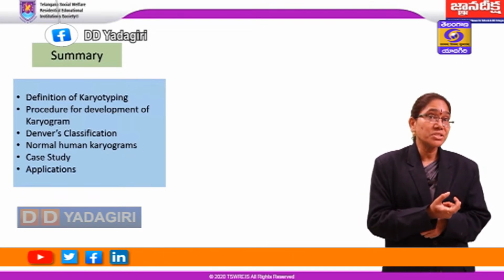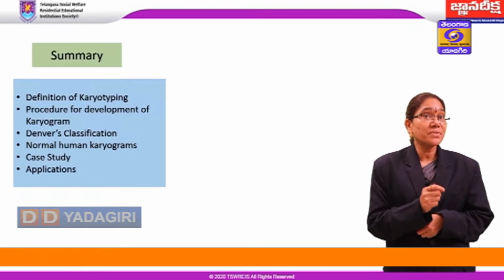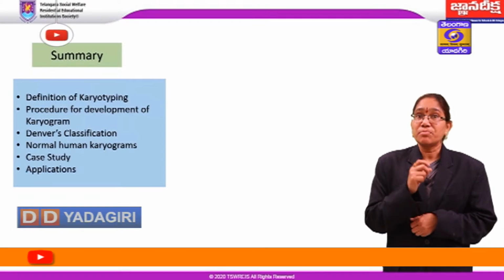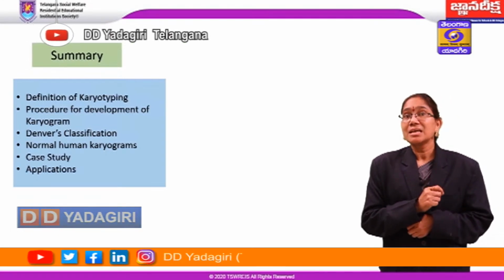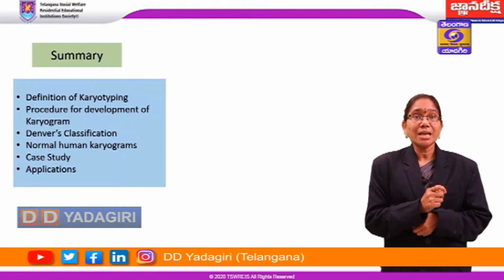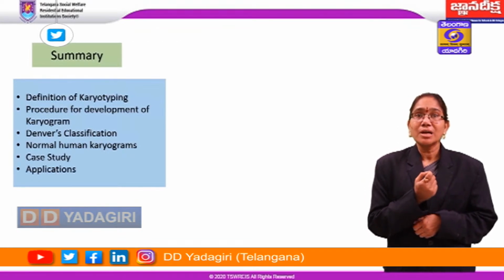We tried to differentiate normal and abnormal human karyograms using different case studies. We briefed reasons for abnormal karyotypes. We did a self-assessment to check our understanding and also had a glance at applications of karyotyping.